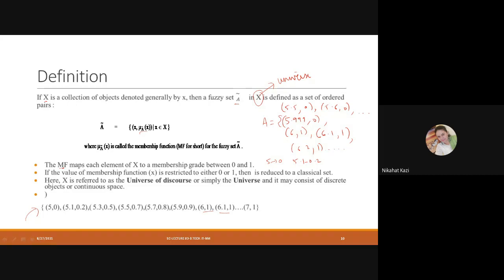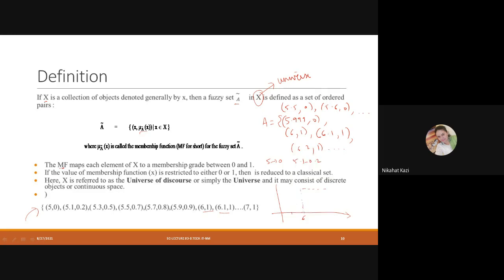If I want to represent this graphically, it will be something like this, the plot. You remember the plot I had drawn earlier for that tall person was a sharp edge like this, 90 degrees. At 6 it became 1 and so on. If I want to represent this on the graph, how will it look now? Somewhere here there is 5.